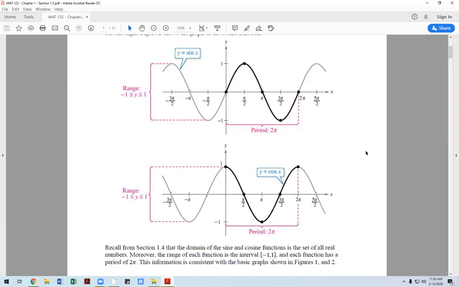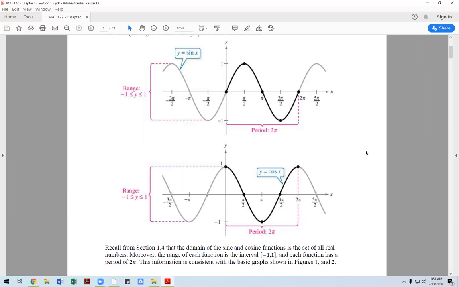You should also remember that we talked about domain and range for both these functions, and the domain is negative to positive infinity for both functions. So we know this graph is going to keep going endlessly as far as the x-axis is concerned. Now, for the period of the cosine function, we're starting at +1, going all the way down to -1, and then completing our period.